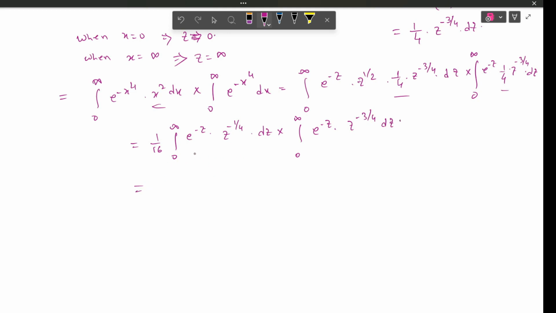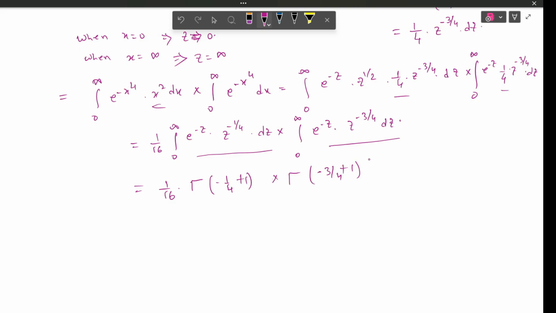This is in the form of gamma function, right? This should be 1 by 16, gamma of n is minus 1 by 4 plus 1, and here gamma of n is minus 3 by 4 plus 1.